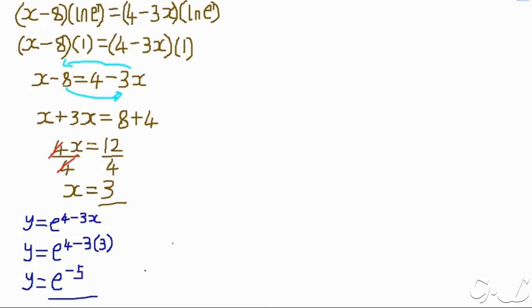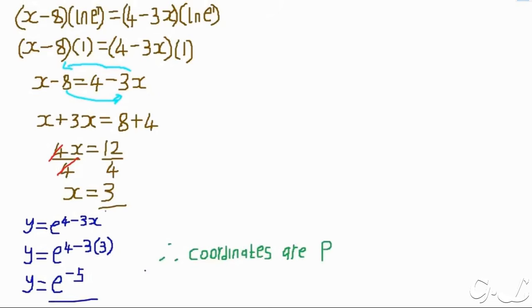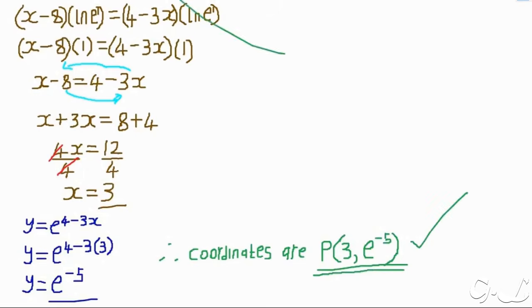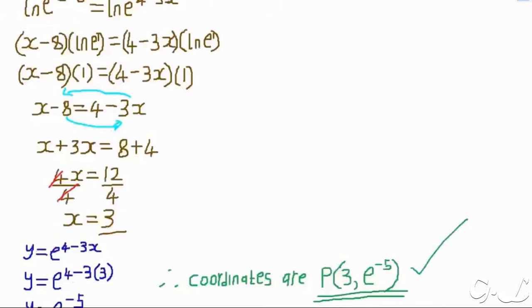So that is the y coordinate. Therefore the coordinates are P open brackets 3 comma e to the negative 5. So that's how you're supposed to answer that question. That's how you score marks in an exam room.